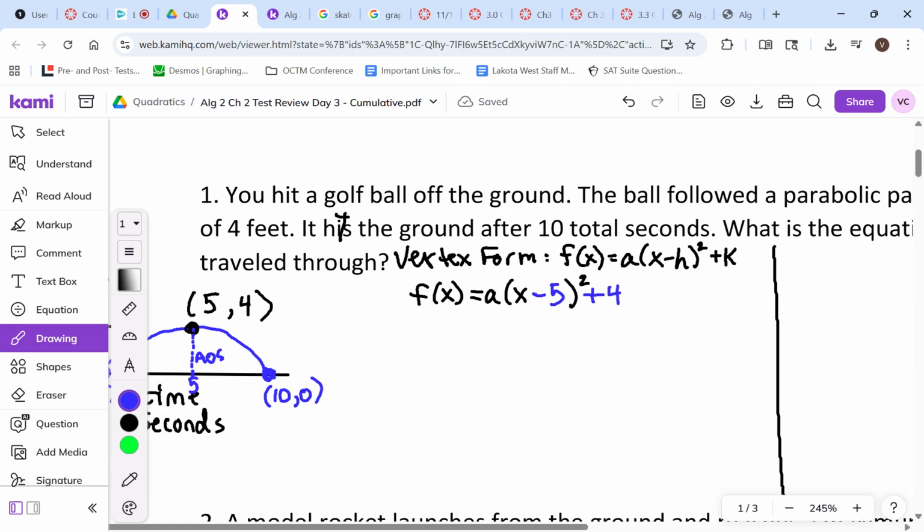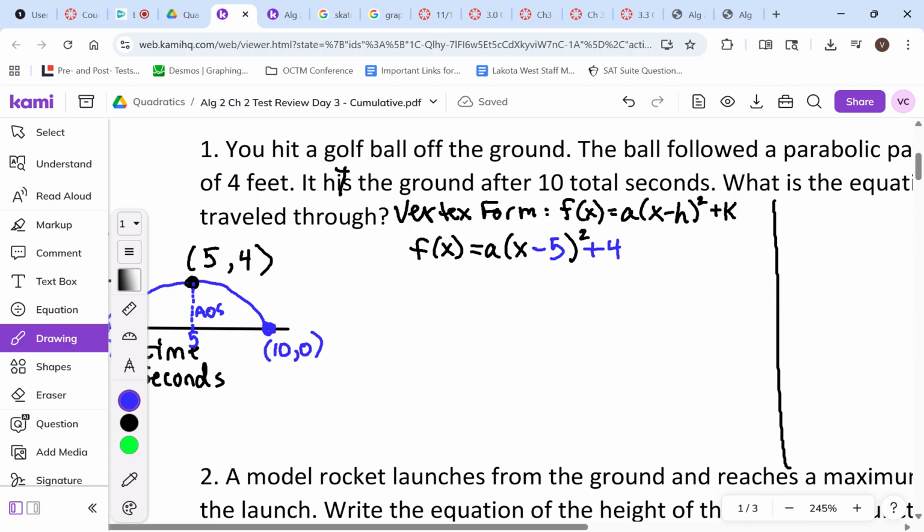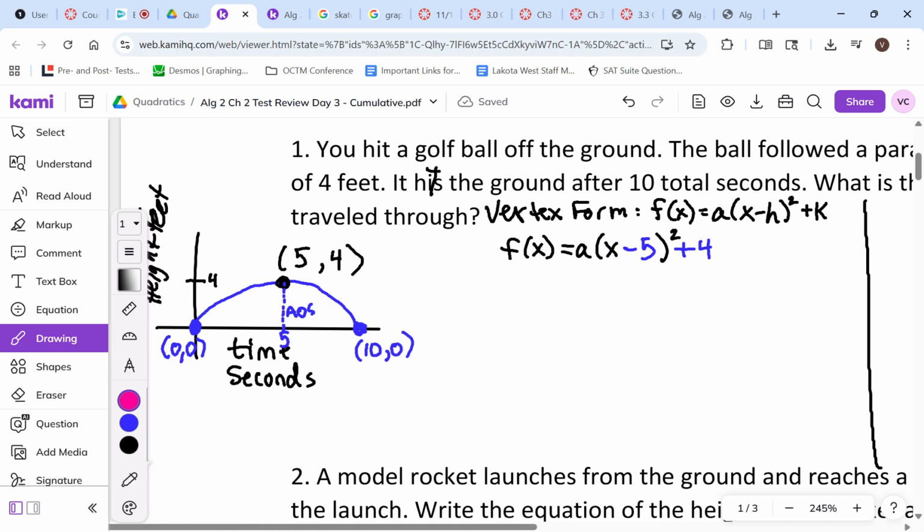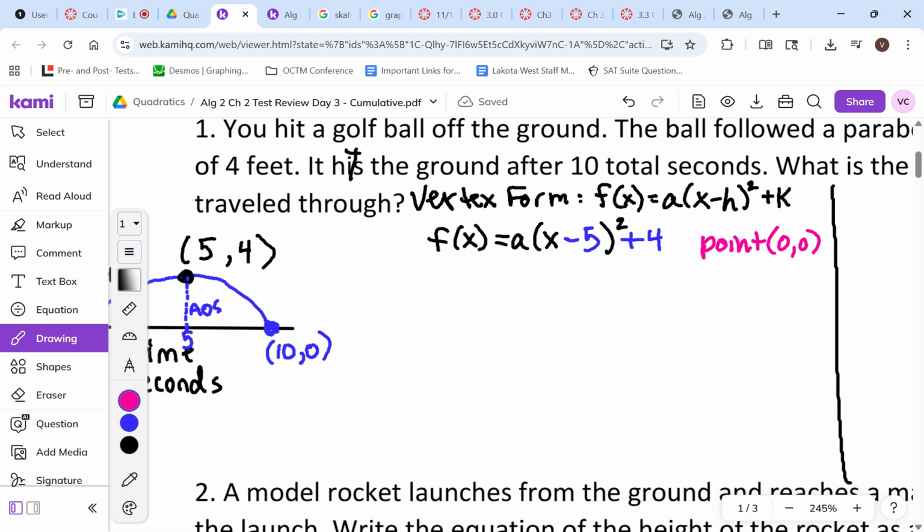By the way, this is totally review of stuff that we've learned before. We've already taken a quiz on it. We're just adding it into a word problem. So the next thing we're going to do is we're going to have to pick a point, and it does not matter which point we pick. Besides the vertex, I have 2 points. So I'm going to use the point 0, 0 because I think that might be easier.